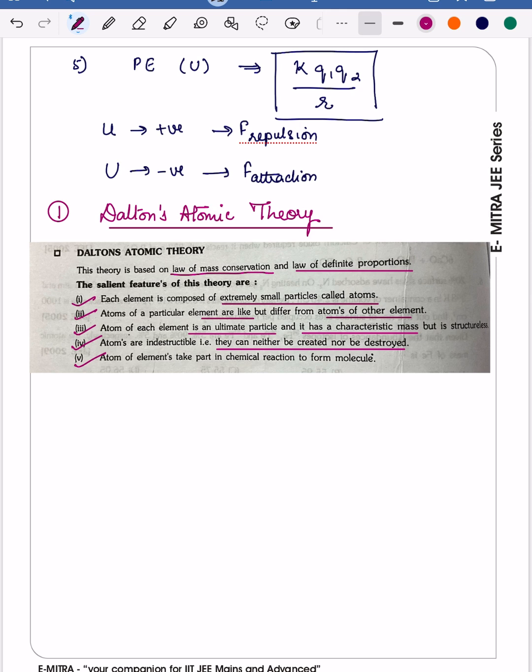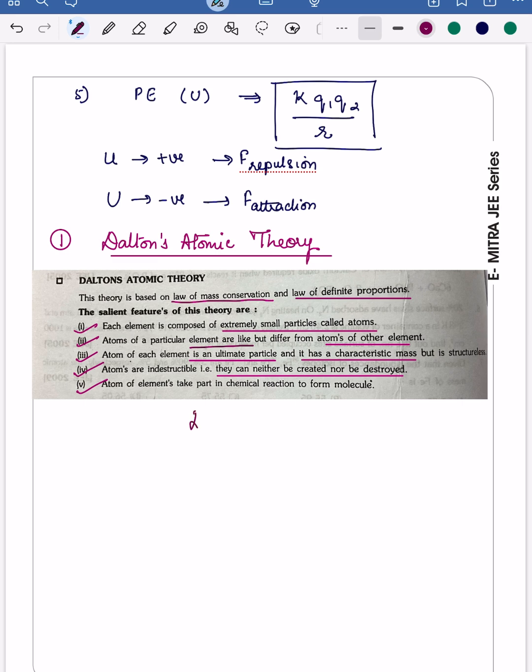But there were certain things which he was not able to explain. जैसे कि existence of isotopes not explained by Dalton's atomic theory. Similarly, existence of isobars, ये भी हम डाल्टन की एटॉमिक थ्योरी से एक्सप्लेन नहीं कर सकते. तो ये कुछ ड्रॉबैक्स हैं डाल्टन की एटॉमिक थ्योरी में.